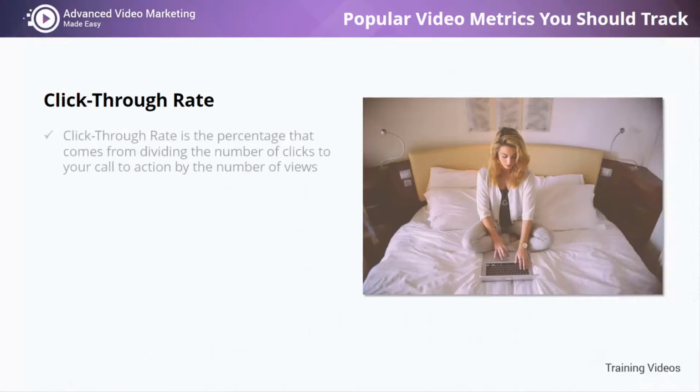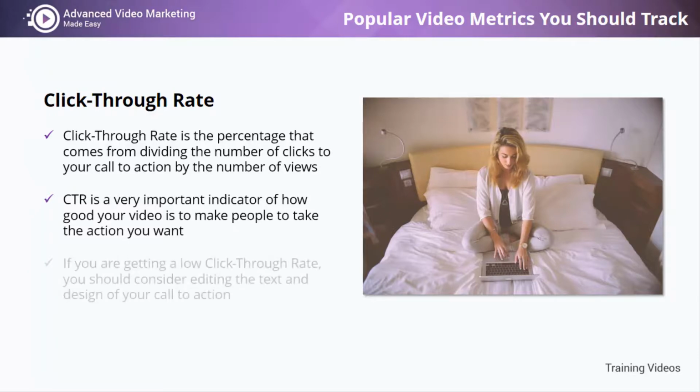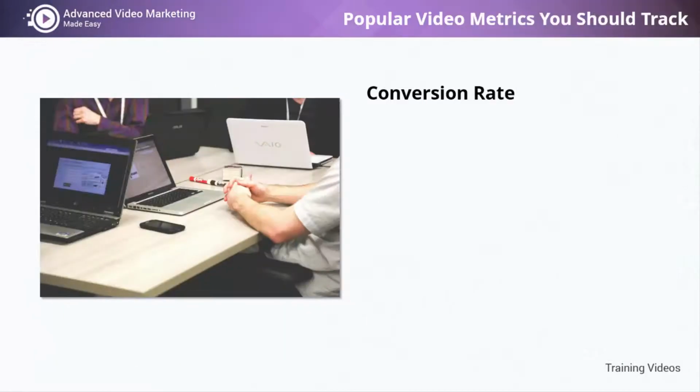Click-through rate. Click-through rate is a percentage that comes from dividing the number of clicks on your call to action by the number of views. CTR is a very important indicator of how good your video is at making people take the action you want. If you are getting a low click-through rate, you should consider editing the text and design of your call to action. Conversion rate.